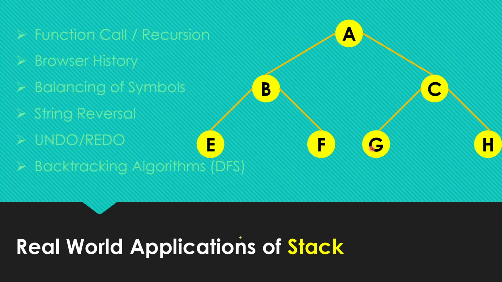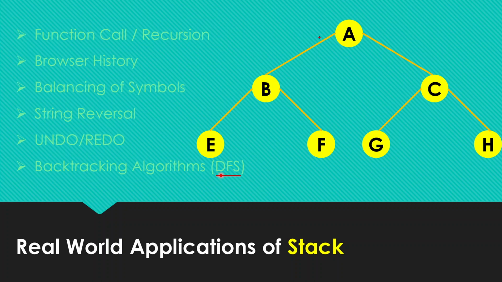But as we are going to see when we learn about the graph and also the tree data structure, we are going to learn about DFS, depth first search. This is an example of a tree data structure.